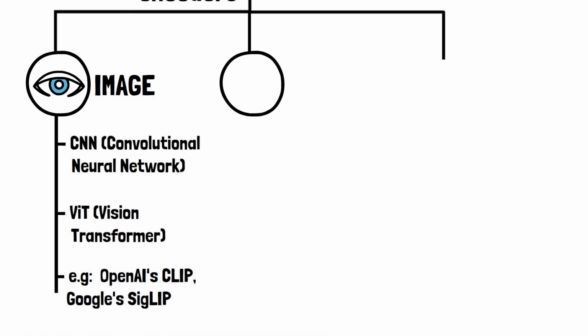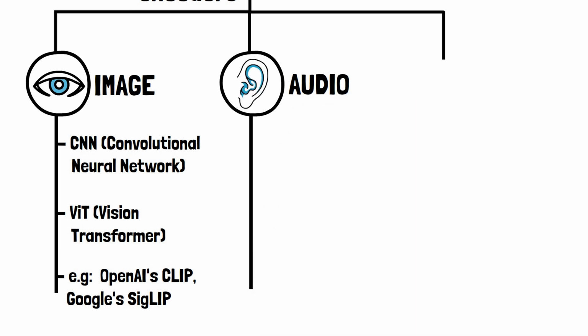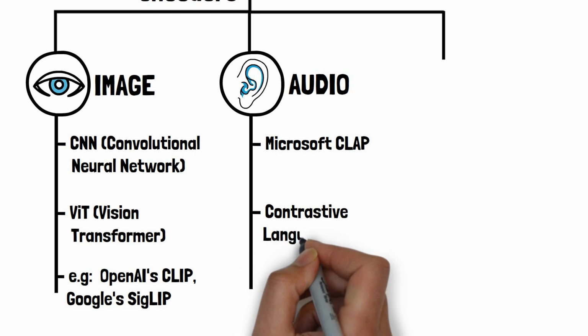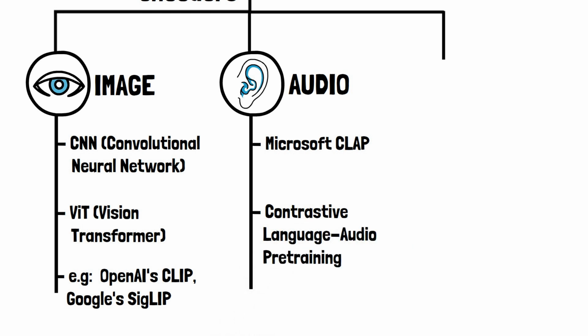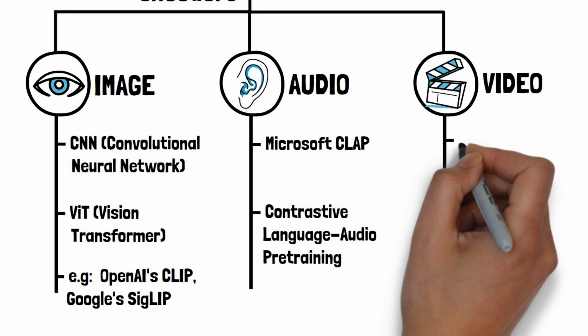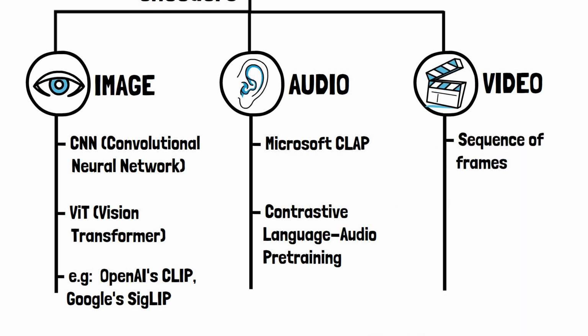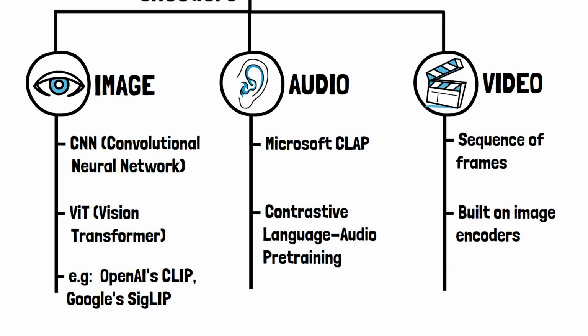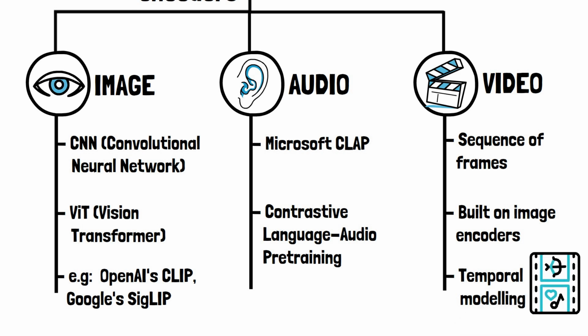Similar approaches are used for audio encoders, such as Microsoft's CLAP, Contrastive Language Audio Pre-training. And given that the essence of video is a sequence of frames over time, video encoders typically build on image encoders, processing frames sequentially and incorporating temporal modeling techniques to handle the sequence of frames over time.